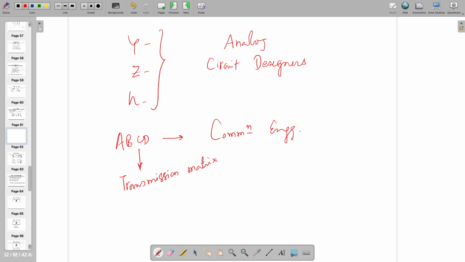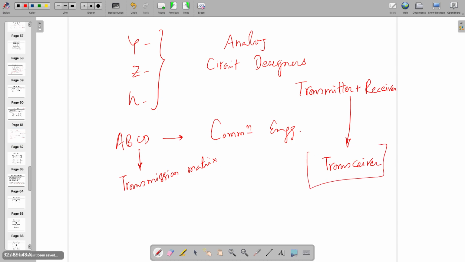So generally for a transceiver system, do you know transceiver? The combination of transmitter and receiver is known as a transceiver. Transceiver is the one where both things are available, or it is acting as a transmitter as well as a receiver.